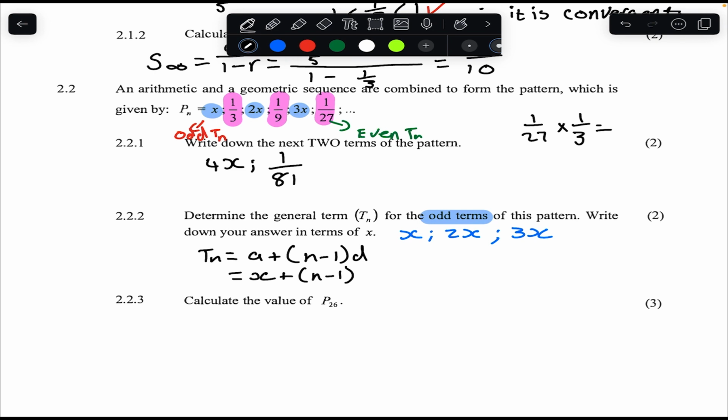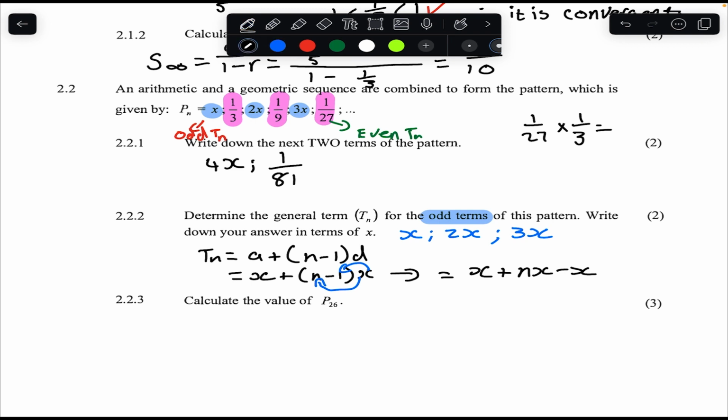So every time I'm adding x, so therefore that will become x. And now I can then continue with my equation, and that will be equal to x plus nx minus x. So all I did there is I distributed my x value.